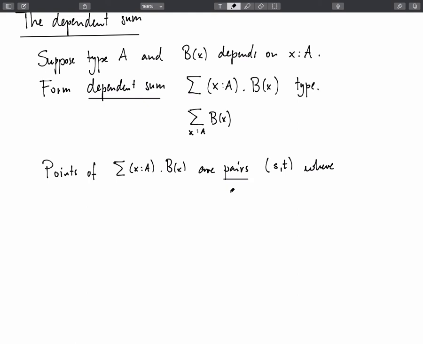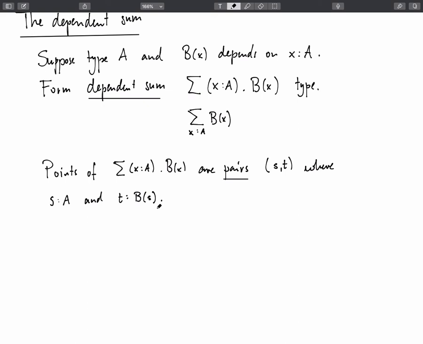Pair here is a primitive construction. I'm declaring that there is a thing called pair, which is written like this, okay? And the conditions are that S has type A and T has type B of S. That was the constructor. There is one constructor called dependent pair.